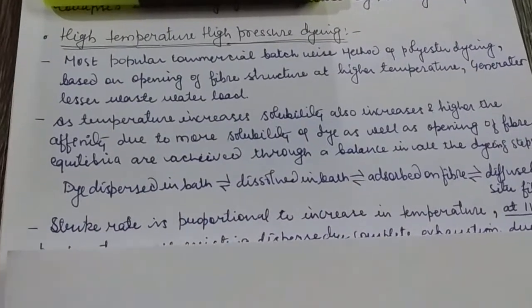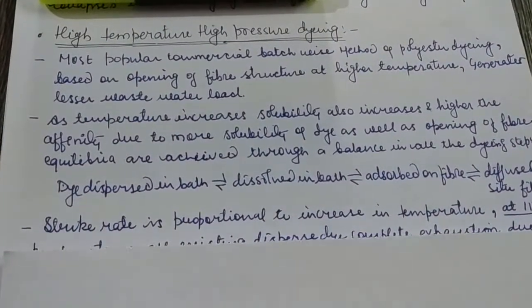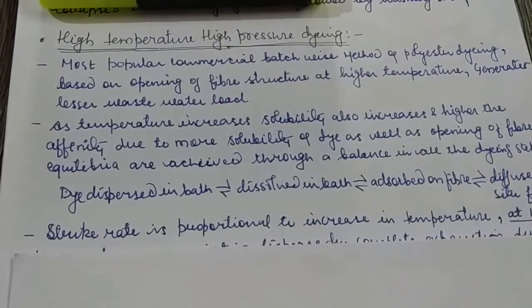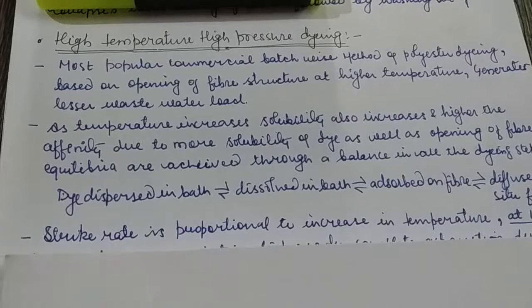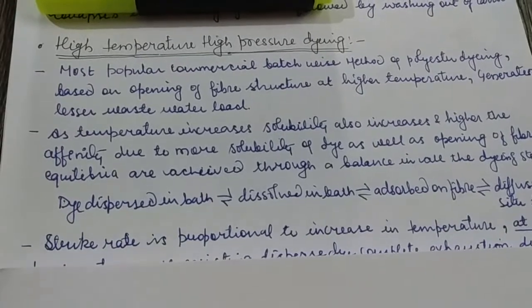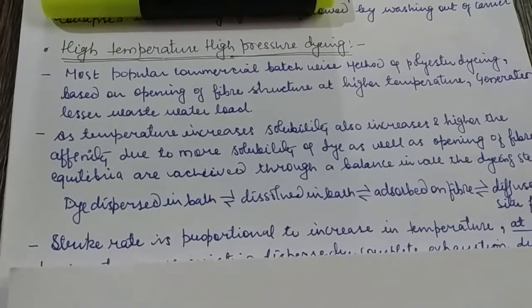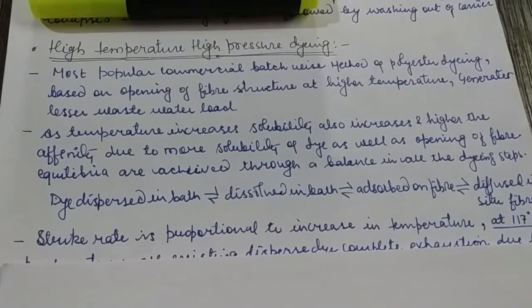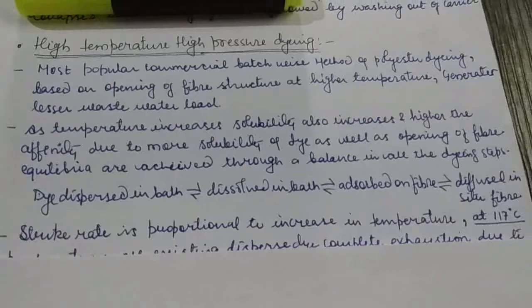It means as you increase the dyeing temperature, the solubility of the dispersed dye is increased, because solubility of dispersed dye is higher at higher temperature. As solubility is increased, simultaneously, due to more solubility of the dye, the affinity of the dye towards the fiber is also increased.